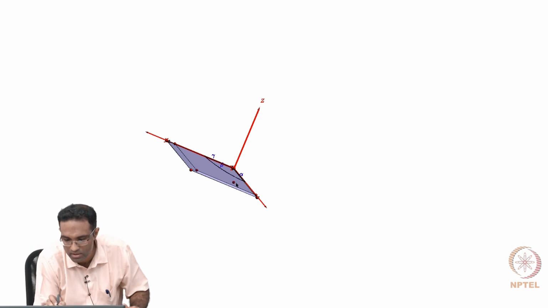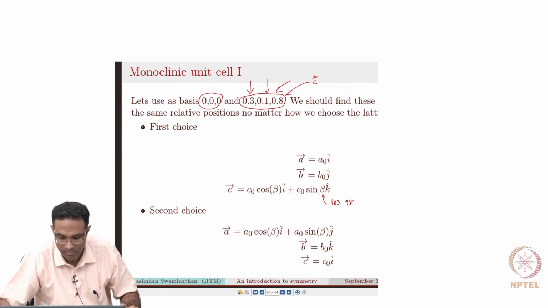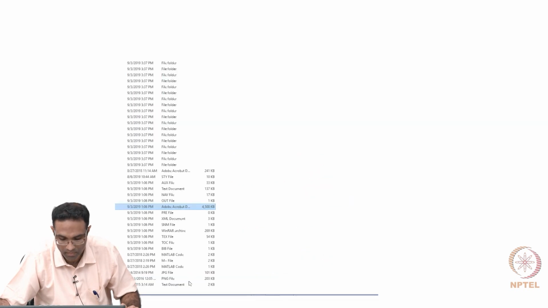So, looking from the B axis, this is going to be your C, and this is located at 0.8 C. So this distance would be 0.8, closer to the length of C. And this distance would be 0.3 A, and this is A. If you wanted to see the corresponding distance in B, you would have to rotate it in such a way that B is along the plane of the page.